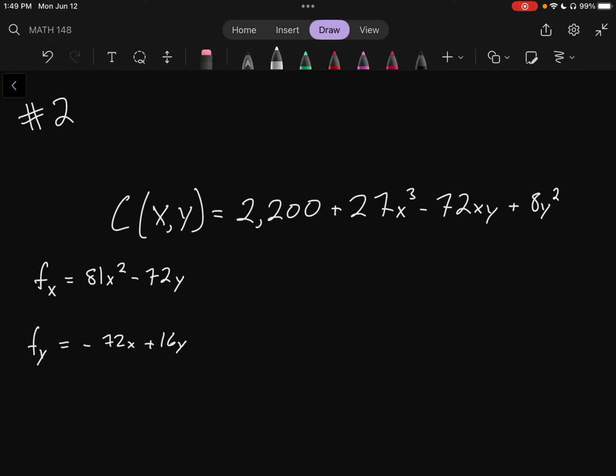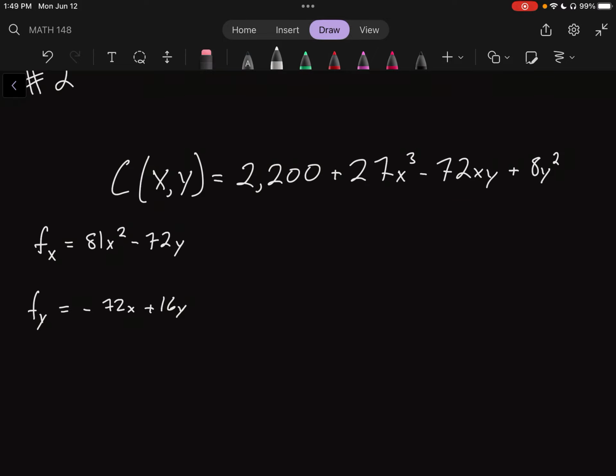Now that we have this, we'll use this one to find our y variable. So we set this equal to 0.